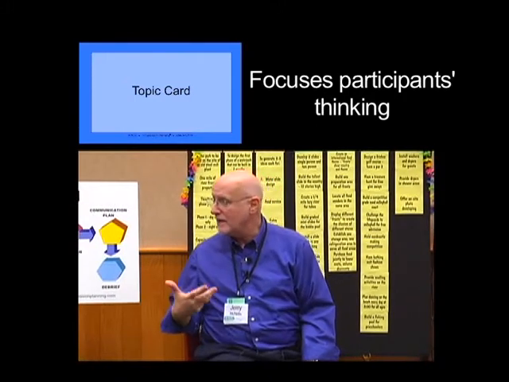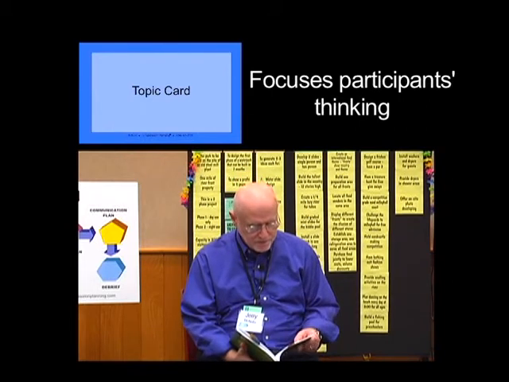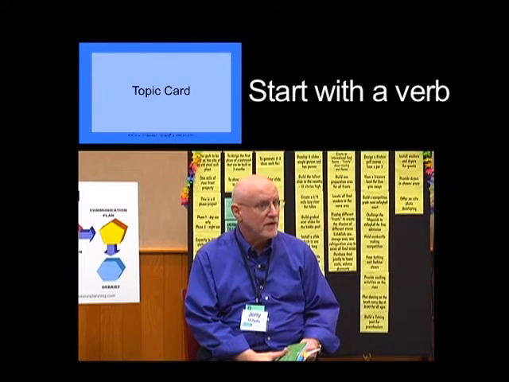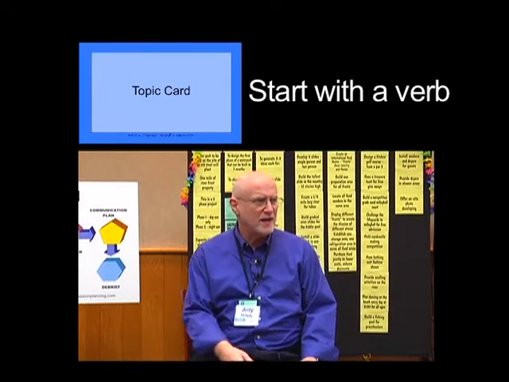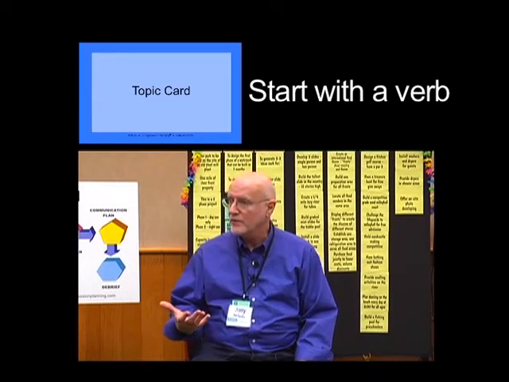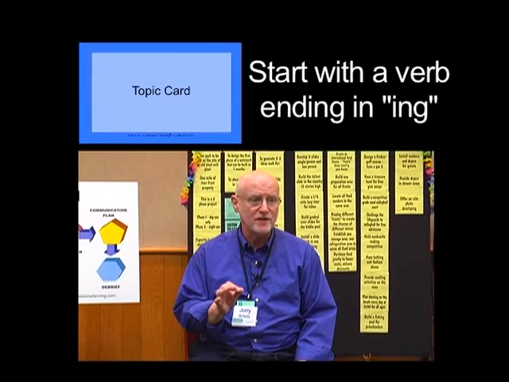And we'll give you a lot of hints for how to do that as we work through this afternoon. Hint, start your topic card with a verb. Are you on to it that we kind of push action? First word should be a verb ending in ing.